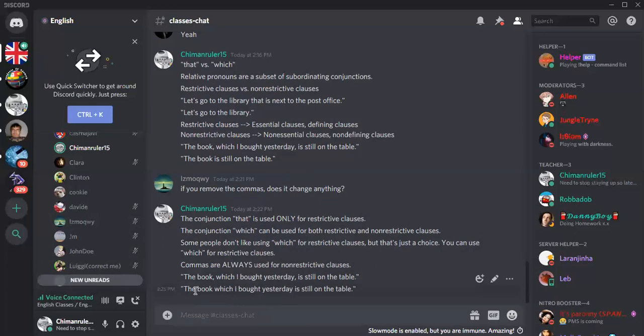Yes, but what's the difference in meaning between these two now that I've taken out the commas? So if there's no non-restrictive clause in the second sentence, what does that mean?